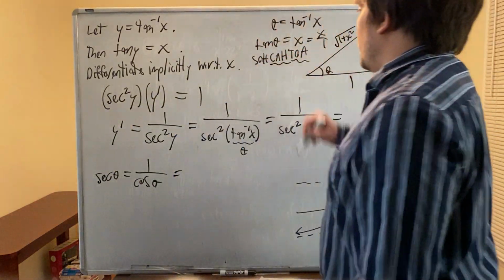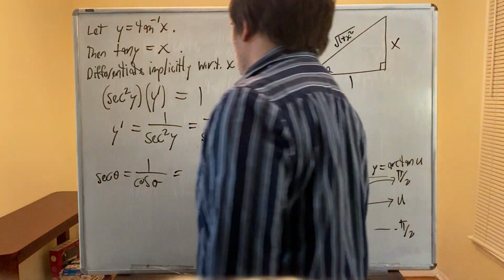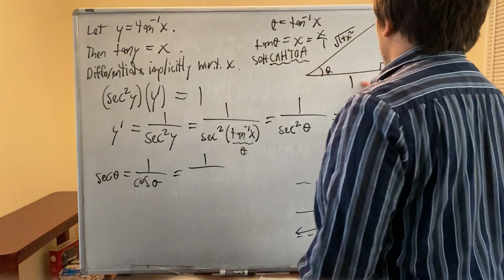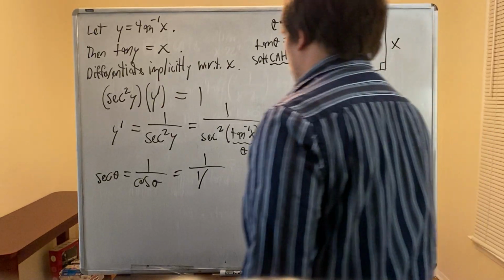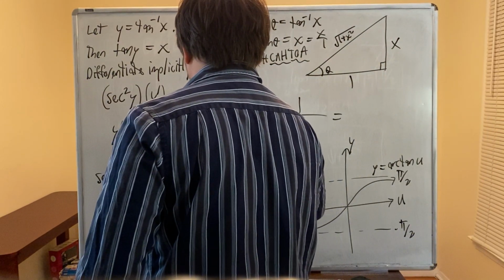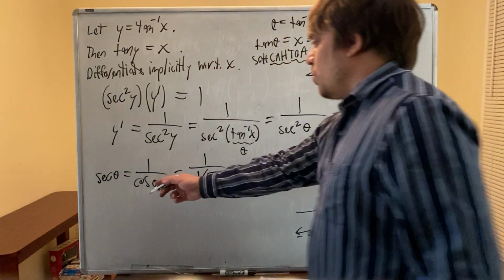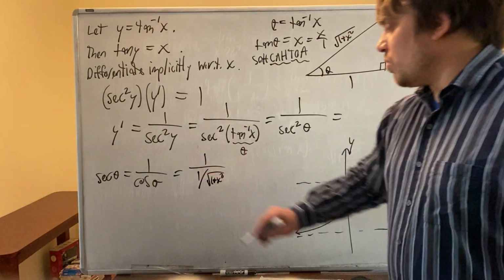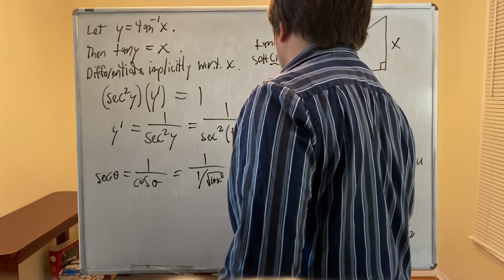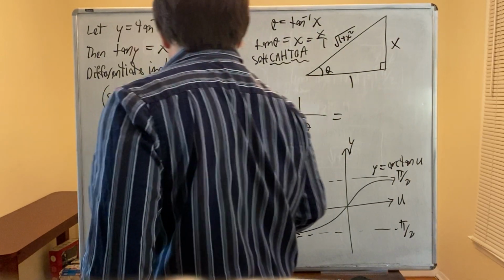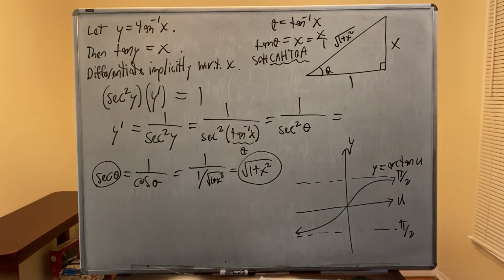Cosine theta is the ratio of the adjacent side over the hypotenuse. This is 1 over the ratio of the adjacent side of theta over the hypotenuse. And so 1 over cosine theta is 1 over 1 over the square root of 1 plus x squared, which is the square root of 1 plus x squared. So secant theta is the square root of 1 plus x squared.